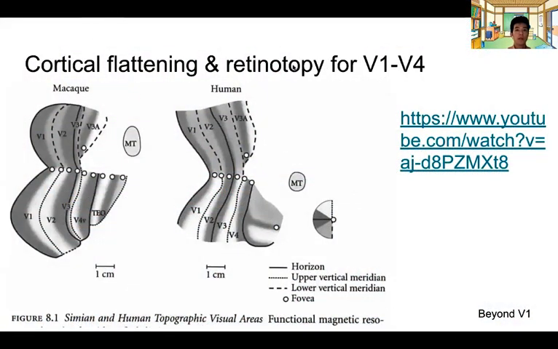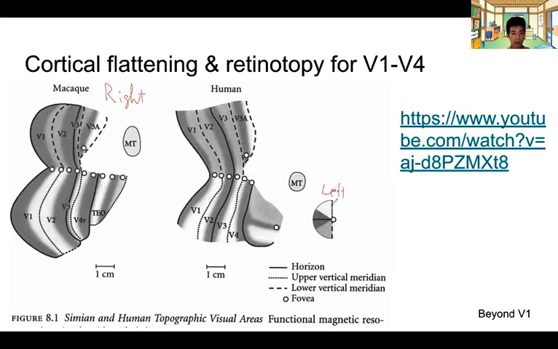Okay, so here is the presentation of the right hemifield, right cortex, after cortical flattening, for both macaque and human brain. Here's the key for the visual field. This is the left visual field, okay?